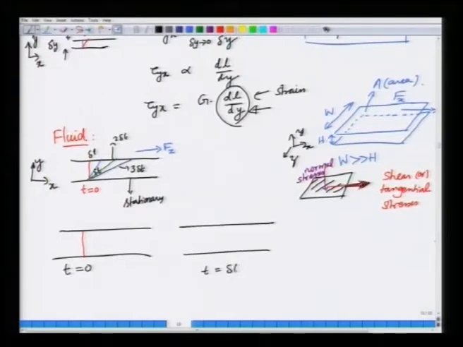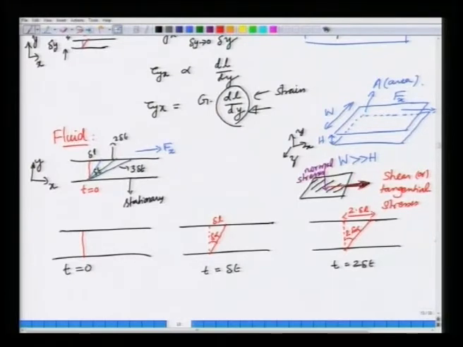At t equals delta t, this line which was originally here would have moved like this, it would have moved by an angle delta alpha, and the top point would have moved by the length delta L. And at a later time, t equals 2 delta t, let us keep it 2 for simplicity, the angle would have increased to 2 delta alpha, and the length of this point from its original position would be 2 delta L. So, a fluid cannot resist any shear stress. So, it continues to move upon application of shear stress.